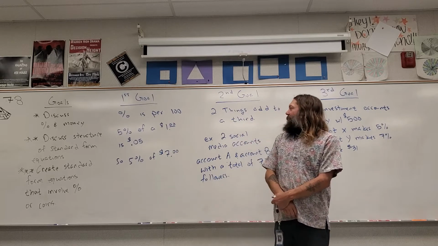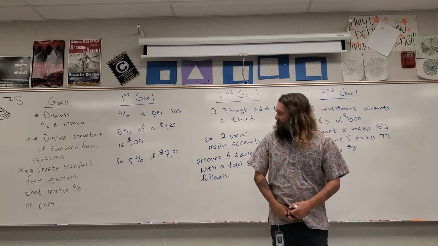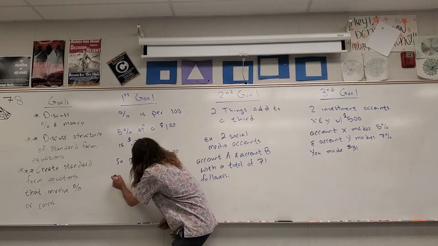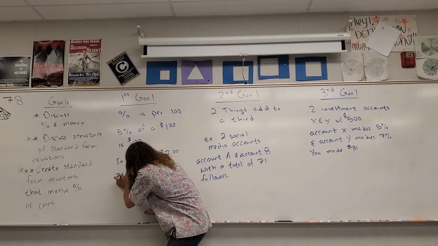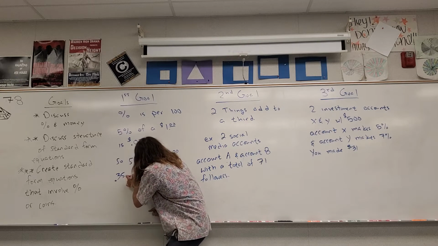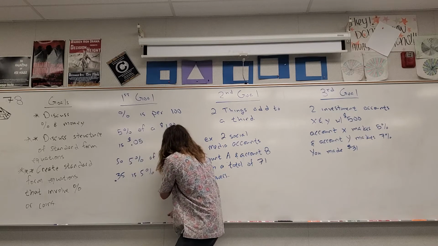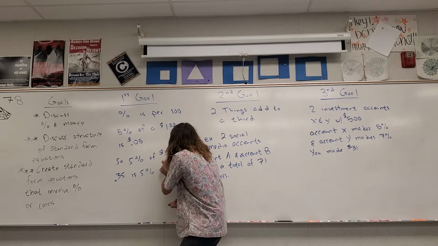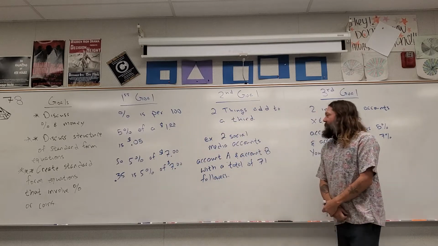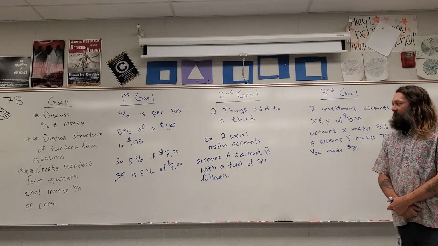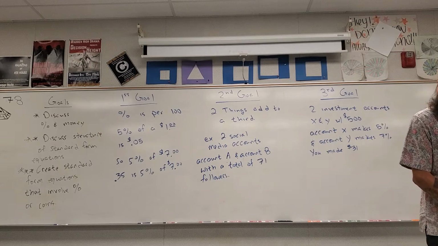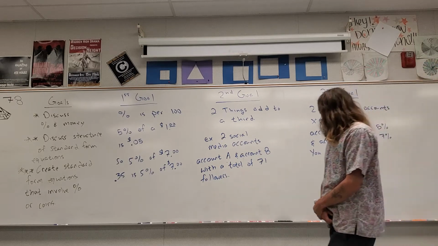So 35 cents is 5% of $7. Okay, 35 cents is 5% of $7. Now we could have also found that number by going like this.